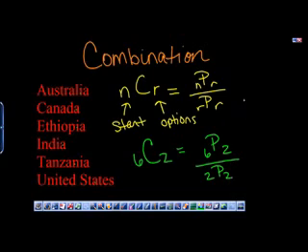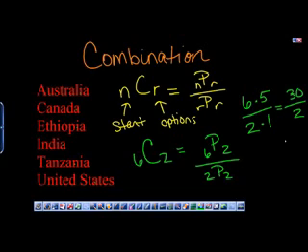So, 6 options with 2 each. First option we will have 6. Second option we will have 5. We'll do that 2 times. Divide it by, so we have 2 options. For the first option we have 2, for the second option we'll have 1. Now we will get 6 times 5 is 30. 2 times 1 is 2. And we get an answer, 15 combinations, which is what we counted earlier.